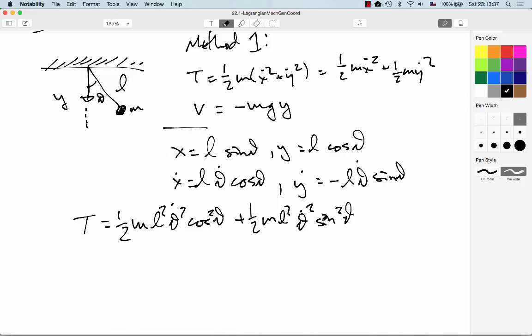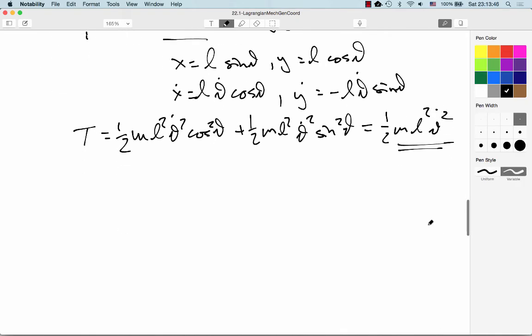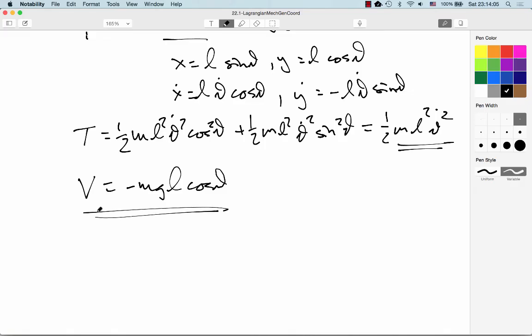Oh hey, sine squared plus cosine squared is 1, so we get 1/2 m L squared theta dot squared, which you could probably have intuited anyway, because that's the rotational kinetic energy of a point mass constrained to orbit at length L. And for the potential energy, just plugging in, we get minus mgL cos theta. Super.